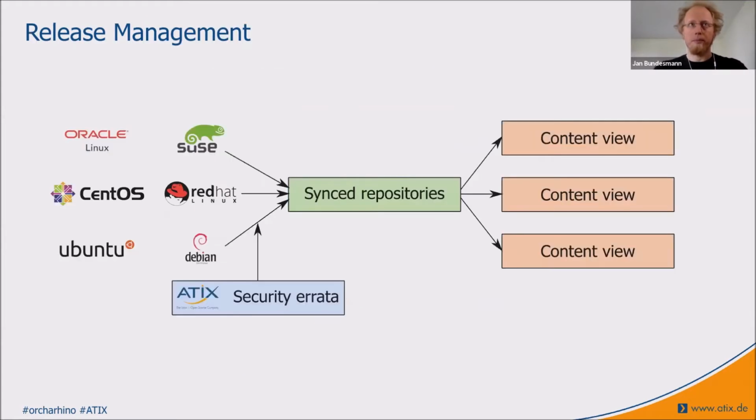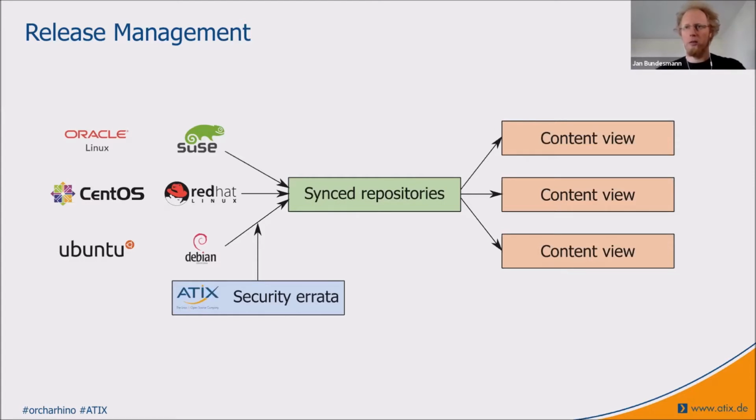Okay, so now we have an installed server. What happens next? The server wants to have repositories for its software. This can also be done through the orcharhino. So the orcharhino can mirror repositories for Linux. So we have here the logos of the major enterprise distributions. We have, of course, CentOS and Red Hat, because those were already built in from the beginning.